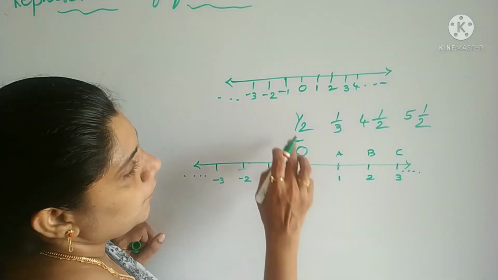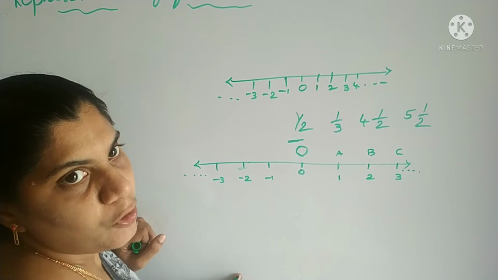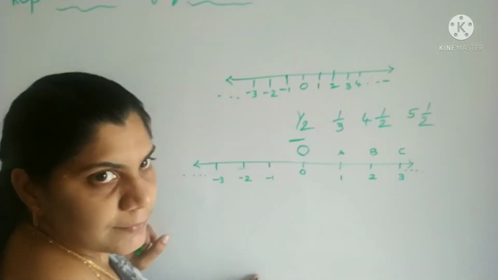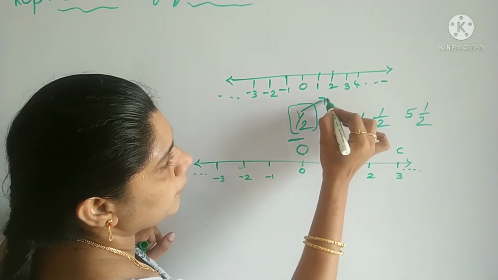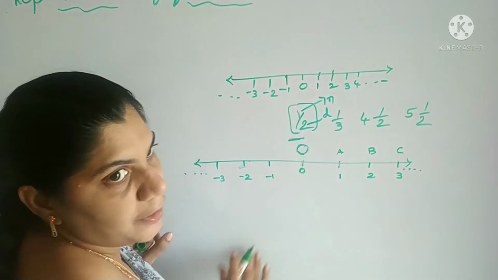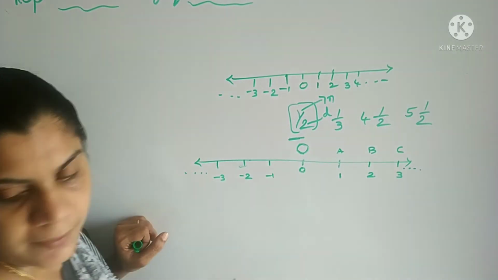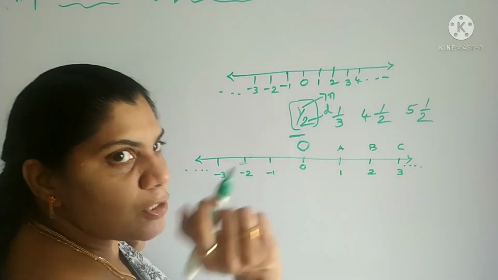Okay, suppose 1 by 2 is there. So how to locate this? From 0 to 1, observe this fraction once again. This is the numerator and this is the denominator. To locate the fraction, first look at the denominator. What is the number in the denominator? 2.